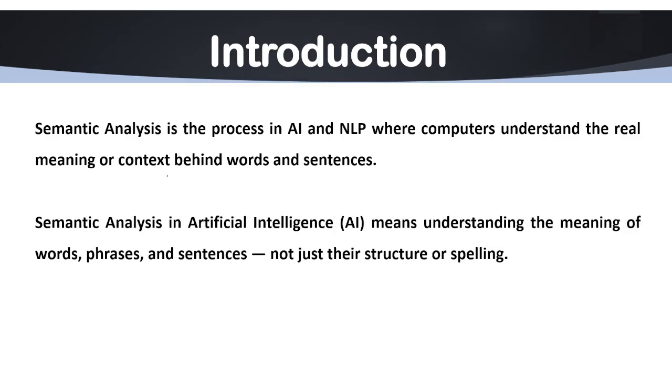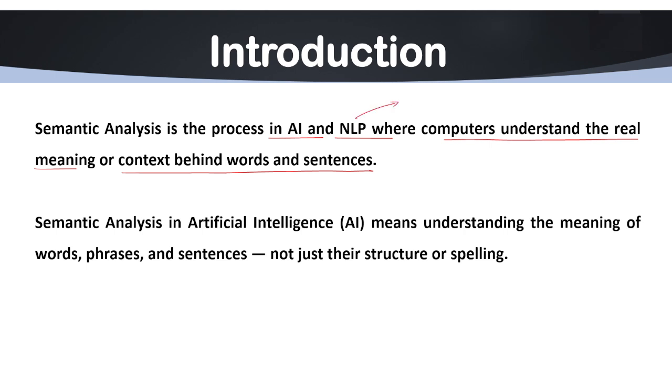So semantic analysis is the process in AI and natural language processing where computers understand the real meaning or real context behind words and sentences. In simple terms, we can say semantic analysis in artificial intelligence means understanding the meaning of words, phrases, or sentences, not just their structure or spelling.